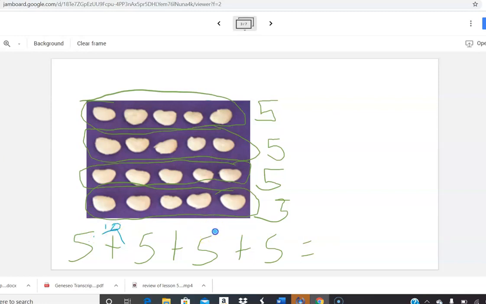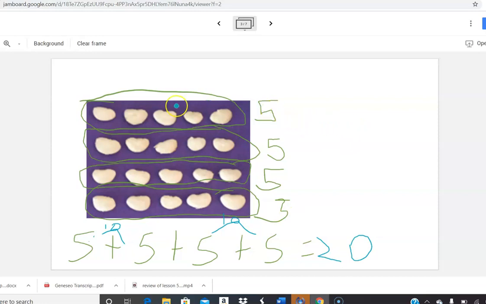And then this 5 plus 5 equals 10. 10 plus 10 equals 20. Or you could say 5, 10, 15, 20. You could count by 5s, okay? Any way you count, you'd still get the same answer.